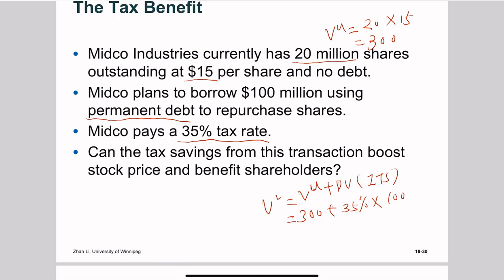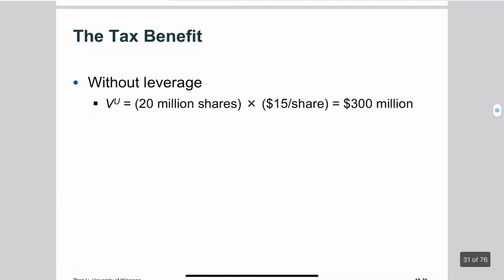So the corporate tax rate times the level of debt, the amount of debt the firm is using. So this would be 335. You can see that because of using debt, the firm's value has increased by $35 million.